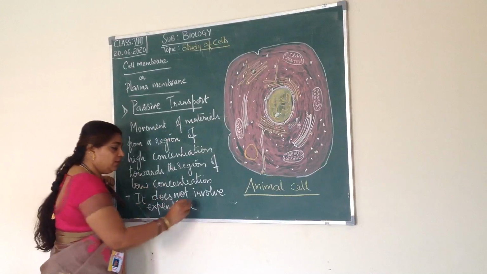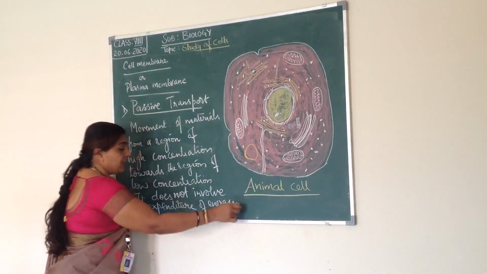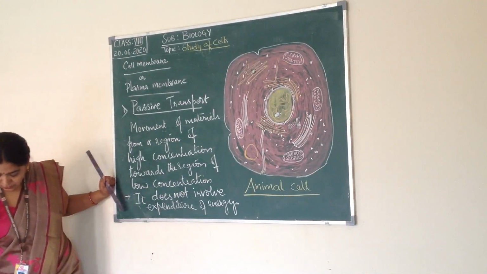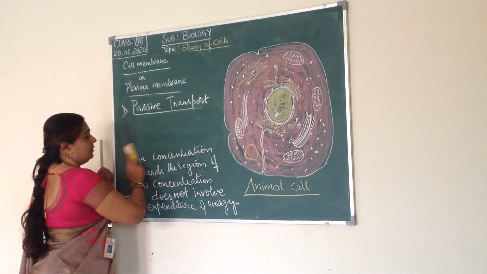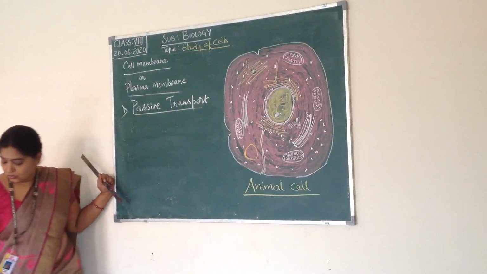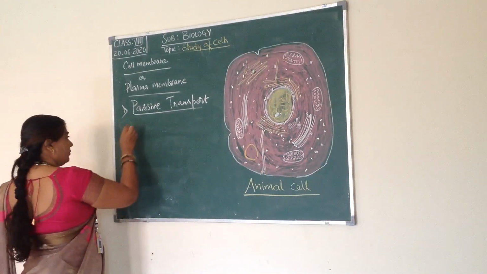No expenditure of energy, so that's why it is called passive transport. Hope you have understood this. So let us see, in passive transport we know there are two processes. One is called diffusion.